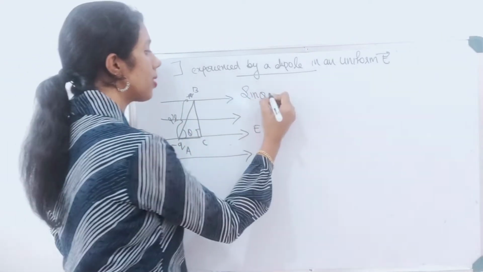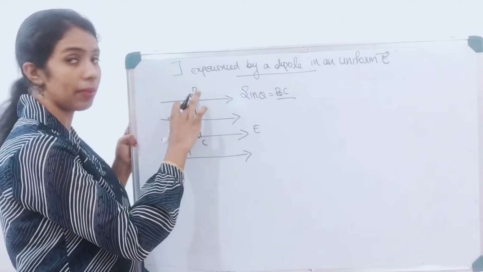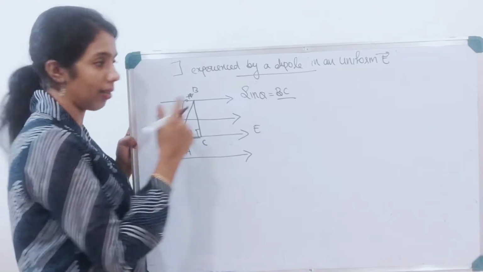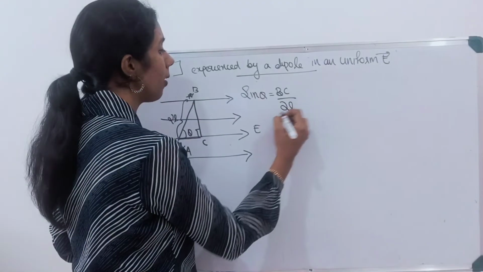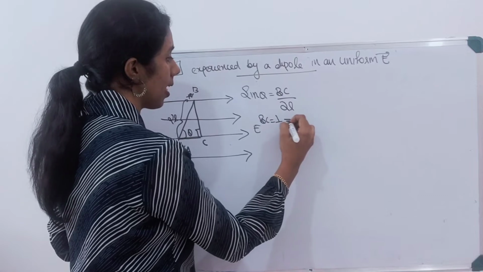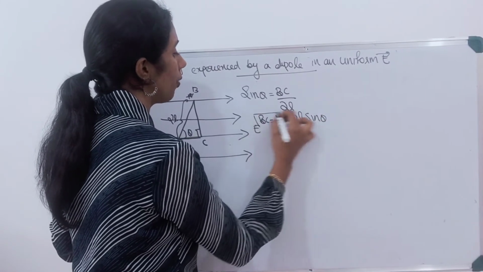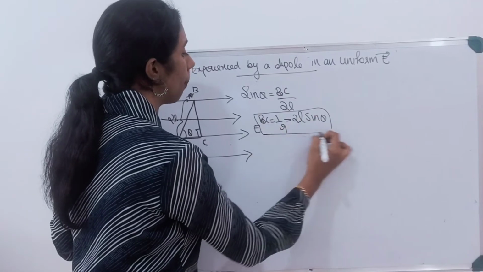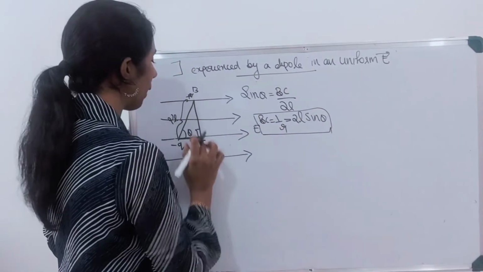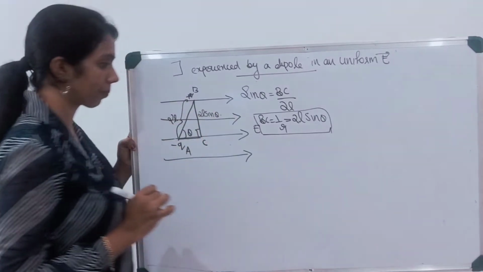So here the opposite side is BC divided by hypotenuse AB, where AB is 2L. So BC by 2L, or BC, which is the perpendicular distance, is equal to 2L into sine theta. So here we find an expression for the perpendicular distance. This perpendicular distance BC is 2L into sine theta.